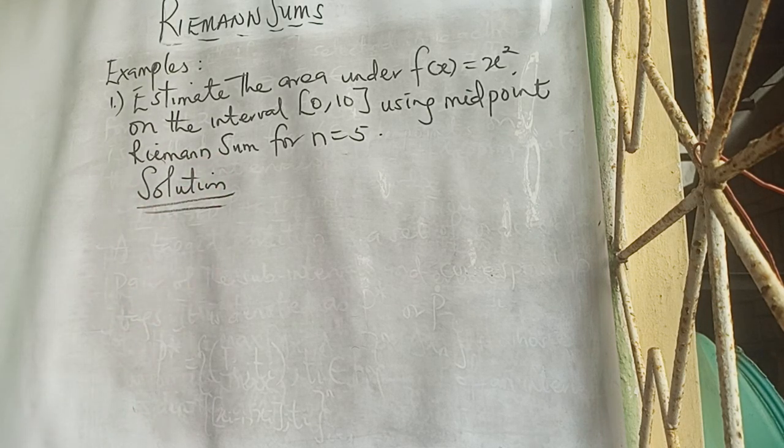We want to estimate the area under the curve f of x equals x squared on the interval 0 to 10 using midpoint Riemann sum.